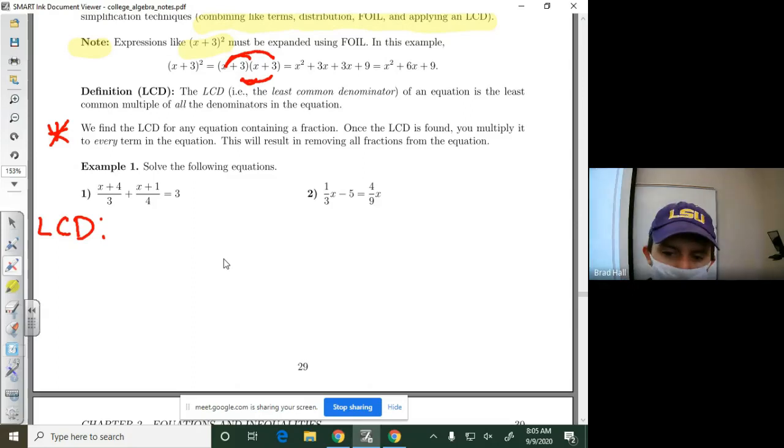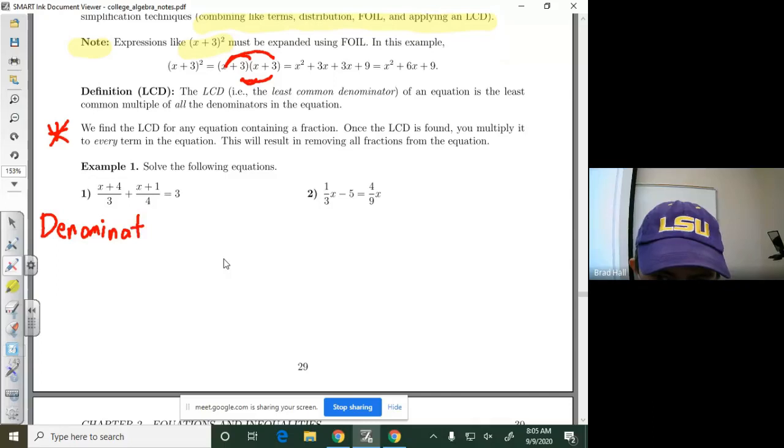Well, perhaps let's take a step back. I think we all know what a denominator is by now. The denominators in this problem are 3 and 4, obviously.